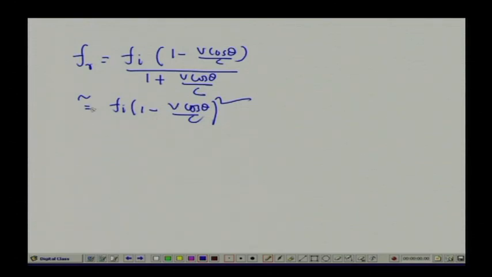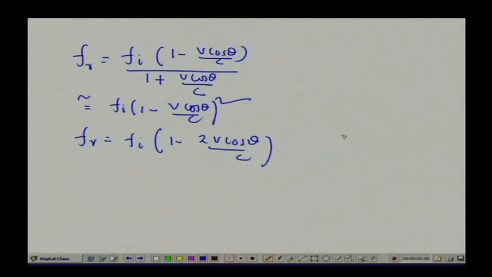So, we can write Fr equal to Fi multiplied by (1 minus 2V cos theta by C), right.